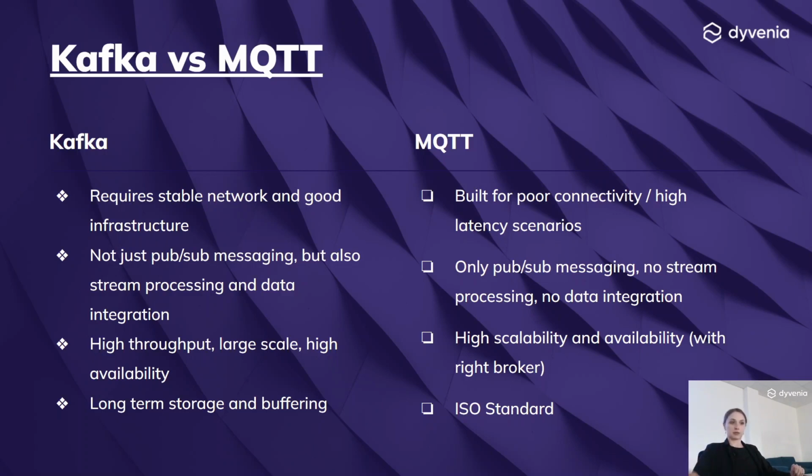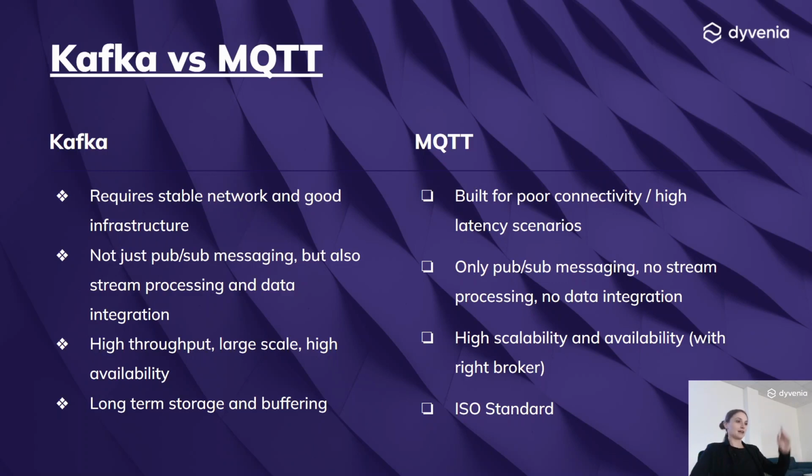Kafka can handle stream processing and data integration, which is not possible in the case of MQTT. Both of those are very scalable, honestly, and highly available. Kafka has long-term storage and buffering. That's just information, not a comparison.